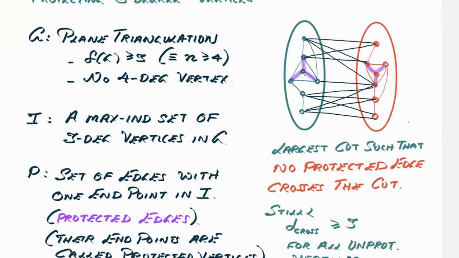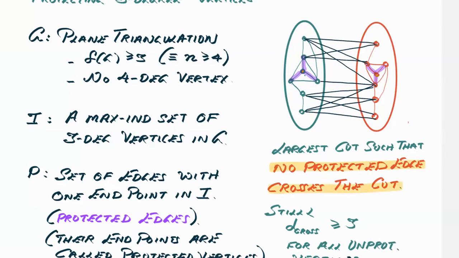We haven't done anything yet. But now the key idea is here. When we take a max cut, this time we do not take the unconstrained max cut. To the max cut, we add this extra restriction that no protected edge crosses the cut.